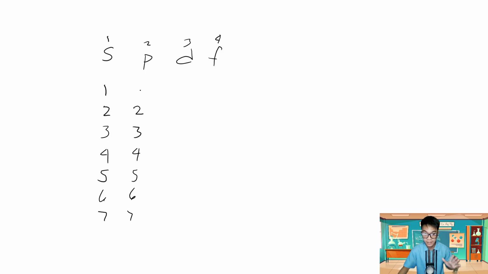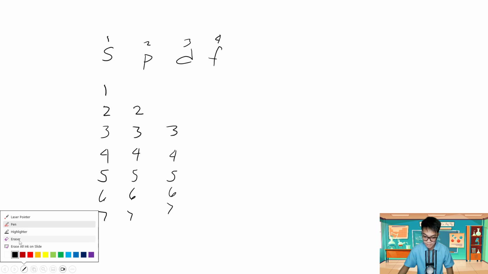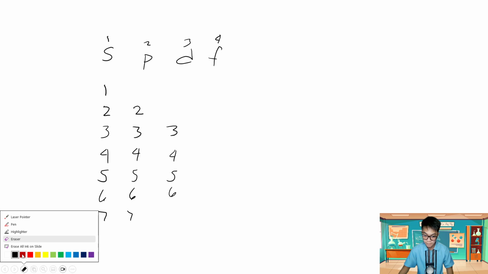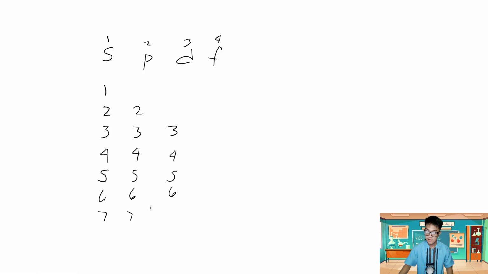Now we're done with the P block. Let's proceed with the D block. The D starts with 3, so that will be 3, 4, 5, 6, and 7. Oh, sorry, this isn't that aligned. I'll just erase this one. All right, there you go, and 7.